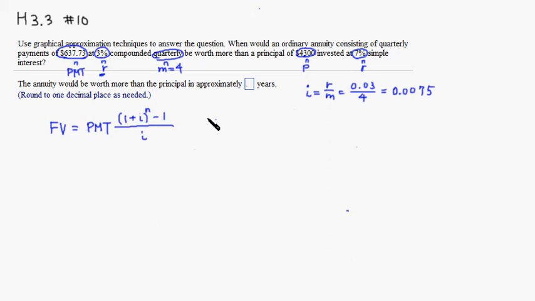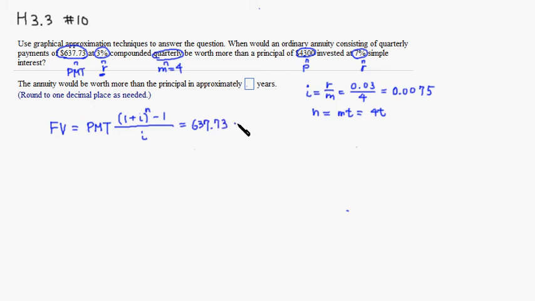Then also we have to come up with n. n is simply m times t, so in this case 4t. So put everything in. PMT is 637.73.